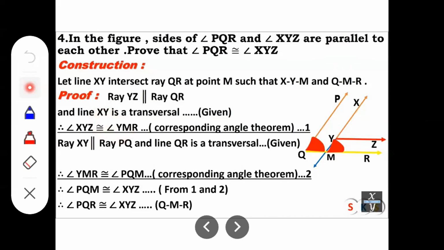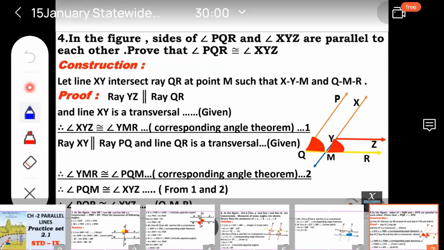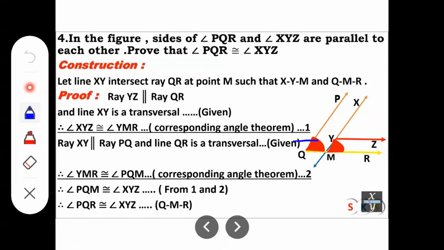So to write the solution of the first case, the base of the angles, YZ is parallel to QR, which is already given in the example.